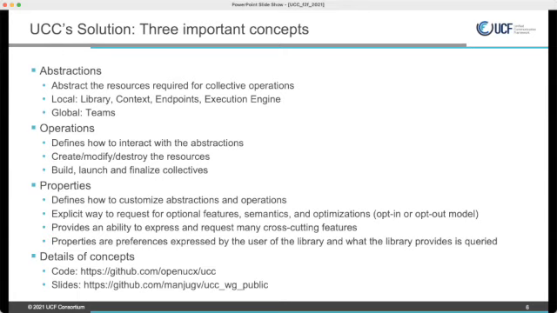This is a way for the user to express preferences to the library so that the library can customize the resources or semantics and provide what the user wants. You can think about this as a two-way interaction between the library and the user.